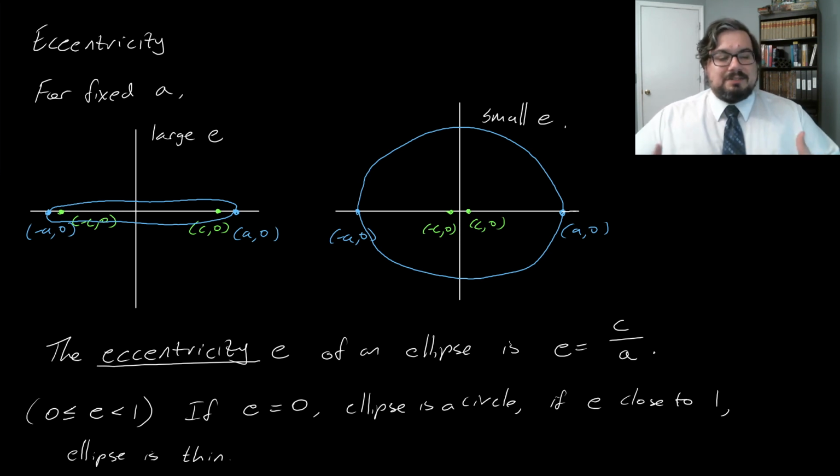So the eccentricity gives us a measure of this, but if we have c and a, we can easily compute it, but because it doesn't carry any additional information, we don't usually refer to it when graphing an ellipse, and we just use the numbers c and a.